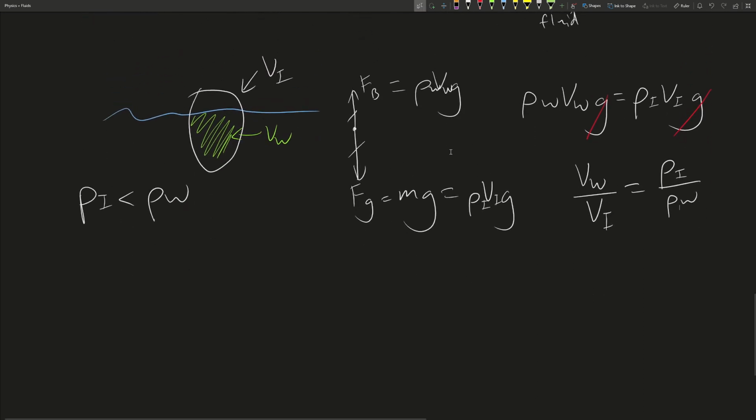So now this generalizes to a lot of different scenarios. It doesn't have to be water and it doesn't have to be an iceberg.